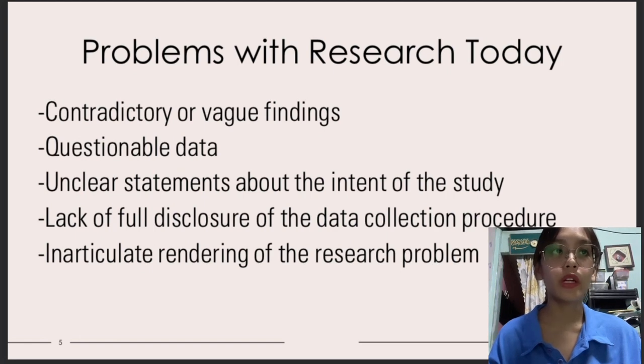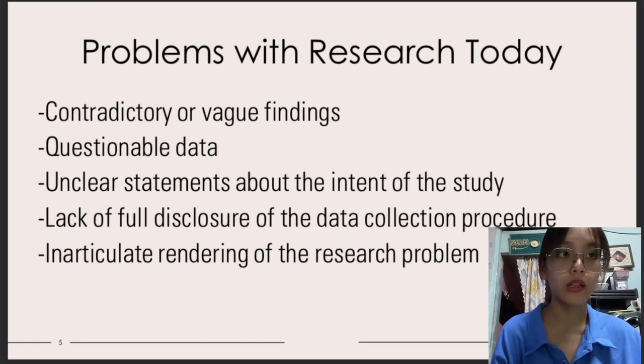So first, contradictory or vague findings. Sometimes different studies say different things about the same topic, which can be confusing. Or a study might not explain things clearly, making it hard to understand. Number 2, questionable data. This means that the information collected for a study might not be accurate. And number 3, unclear statements about the intent of the study.